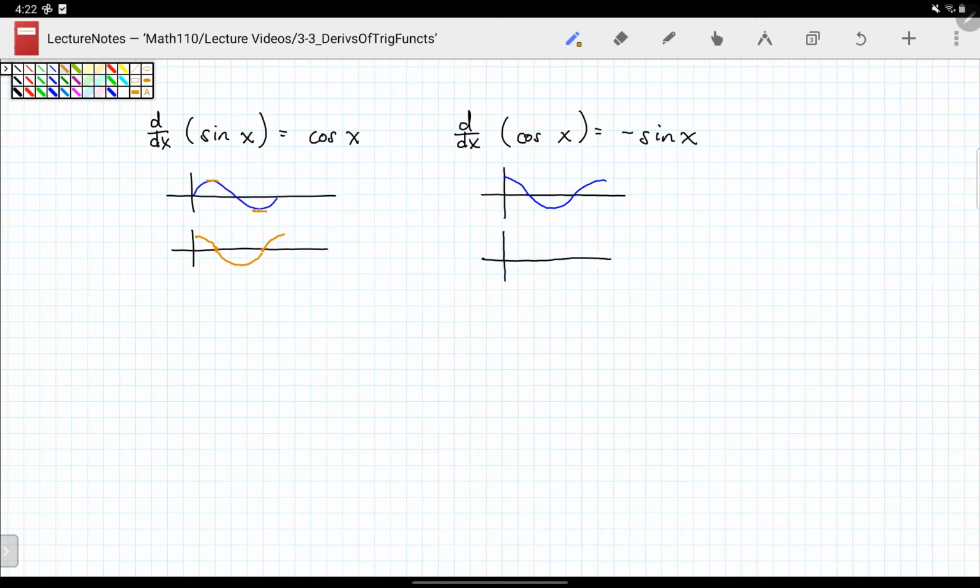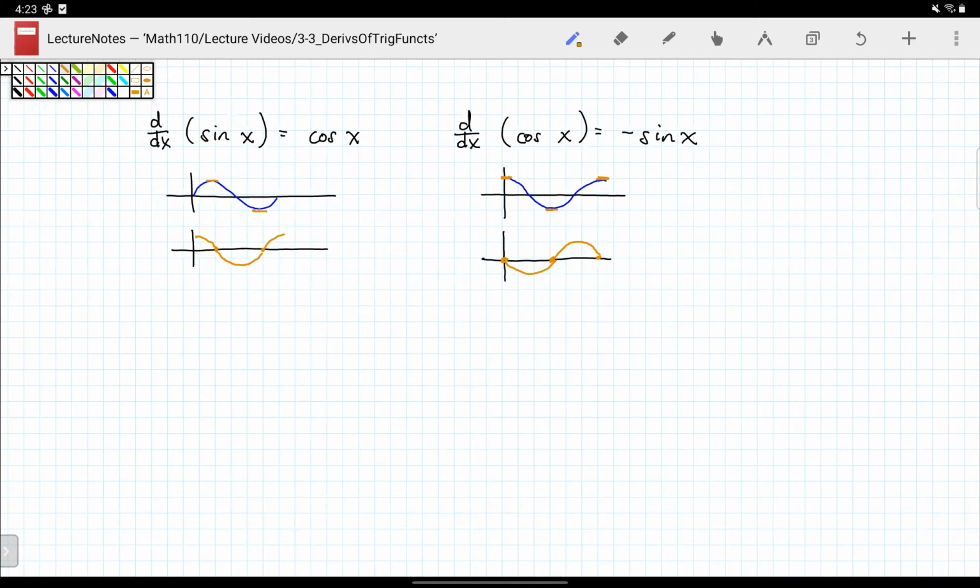I have a horizontal tangent here and here and here. That's at 0 and pi and 2 pi. And then the derivative is negative at the beginning, so it looks like this. And the derivative is positive for the second half, so it looks like this. Okay, so then we see that negative of the sine curve. All right.